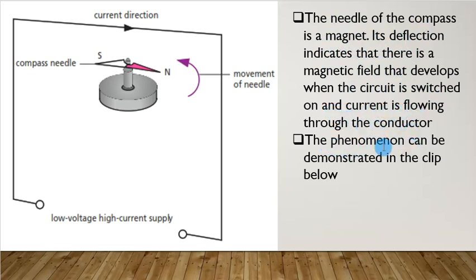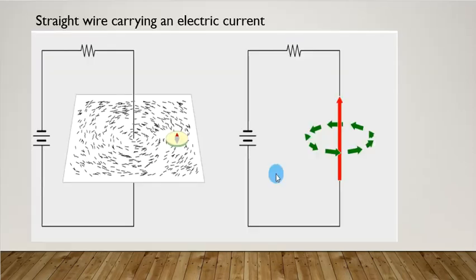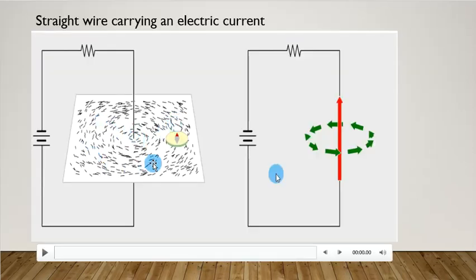The phenomenon can be demonstrated in the clip below. Here this is a still picture, so you can't actually see what is happening. Before we play this clip, look at the following. In this diagram we have a battery with a positive terminal here.